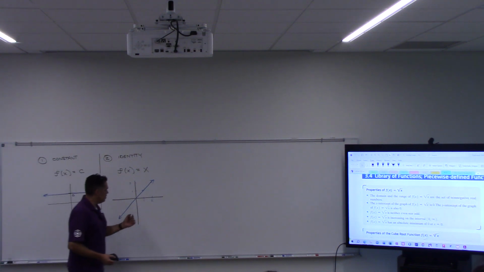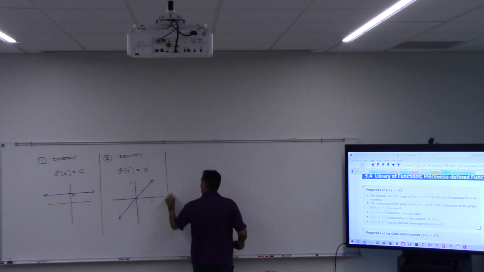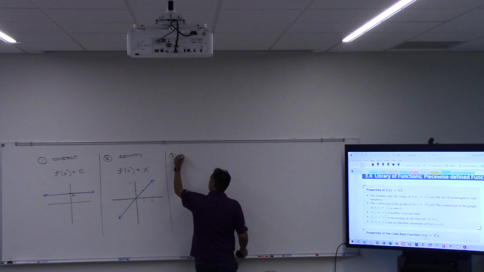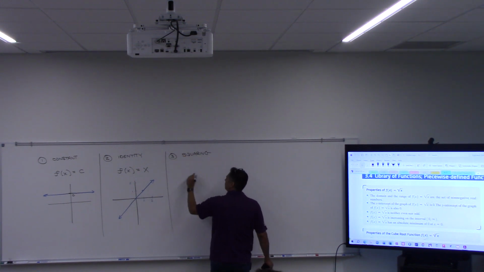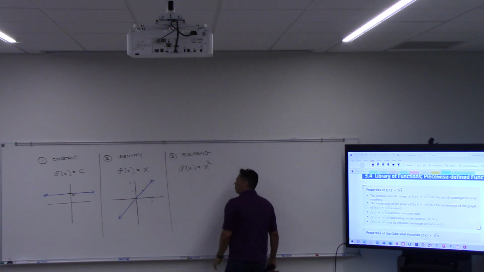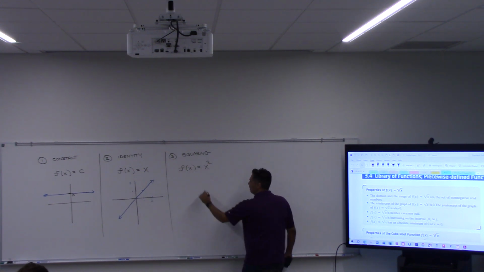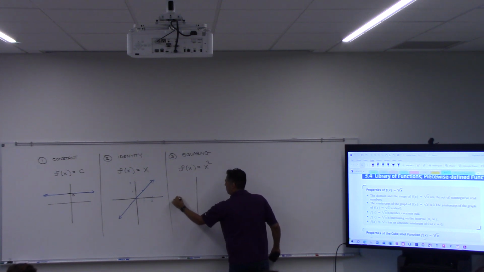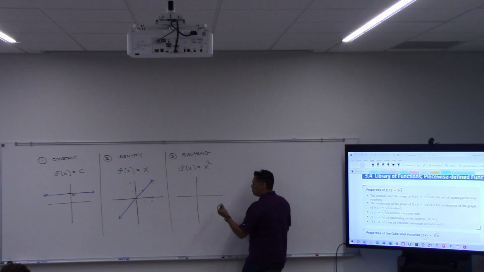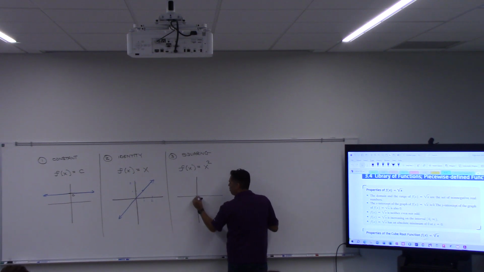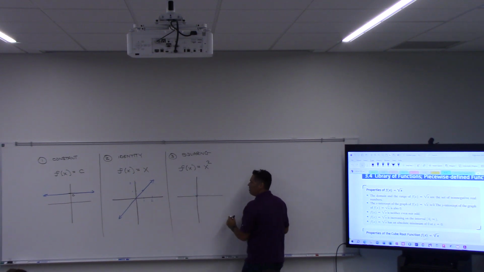The next function is called the squaring function. And guess what it does? It squares what you plug in, x squared. This one, it's a quadratic, which we'll study more later, but it starts out when you plug in 0, you get 0, right?